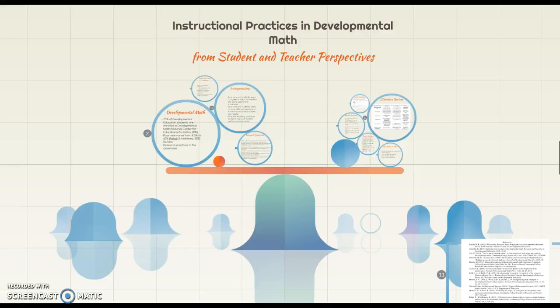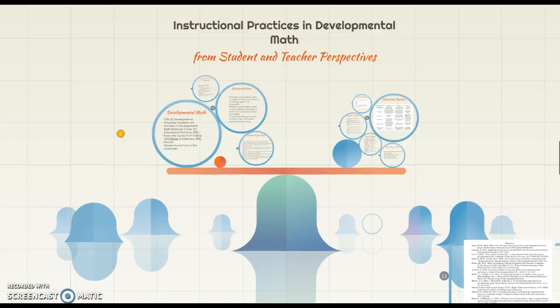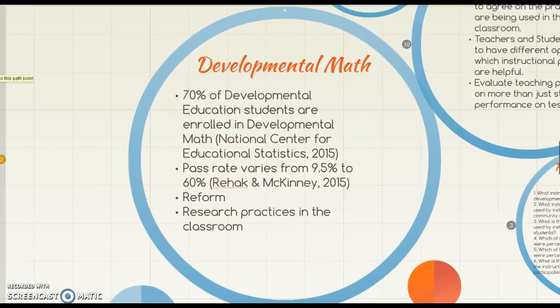Today I'm going to talk to you about my research project on instructional practices in developmental math, from the student and teacher perspectives. The majority of students enrolling in developmental education are enrolling in developmental math.